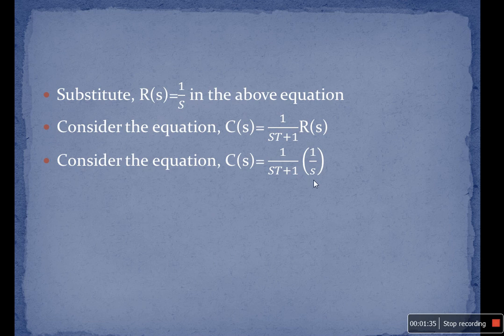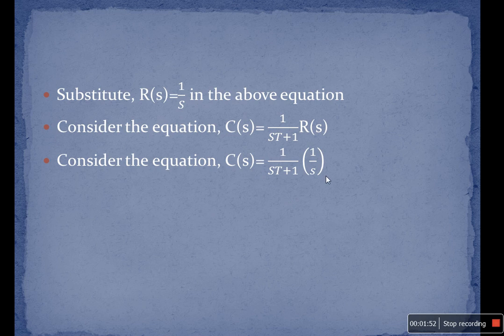In order to do the time domain analysis, we have to obtain the response in time domain. But from this equation we are not getting the direct time domain equation.